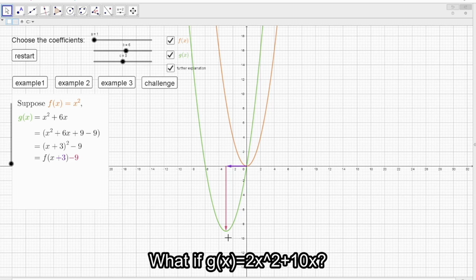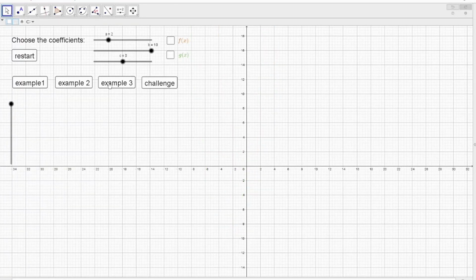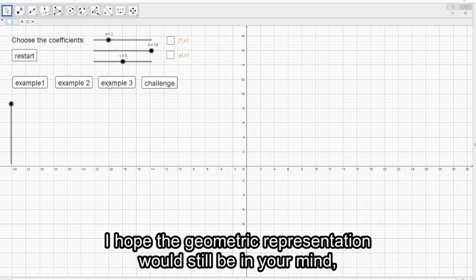What if g of x is equal to 2x squared plus 10x? I hope the geometric representation will still be in your mind.